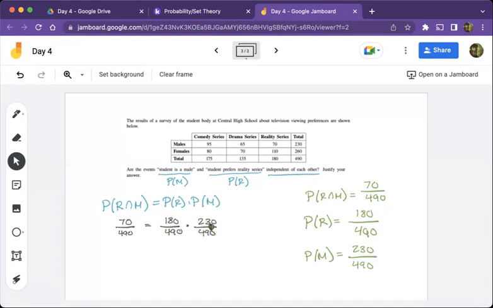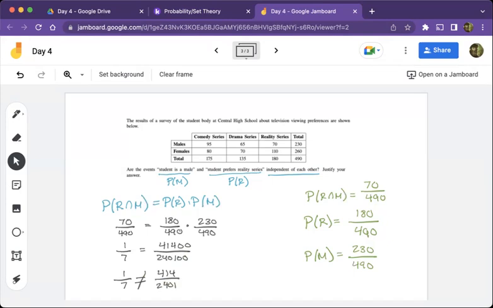So let's see if these are equal using a calculator. This simplifies to 1/7. And when I multiply these two probabilities across the numerator, you get 41,400 over 240,100. Now, simplifying that fraction gives 414 over 2,401.